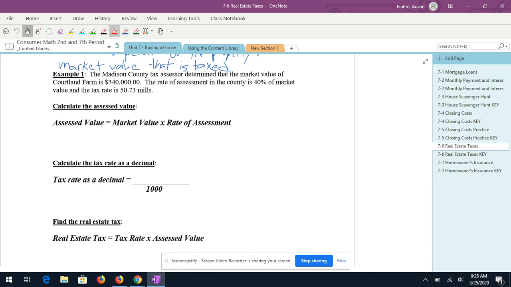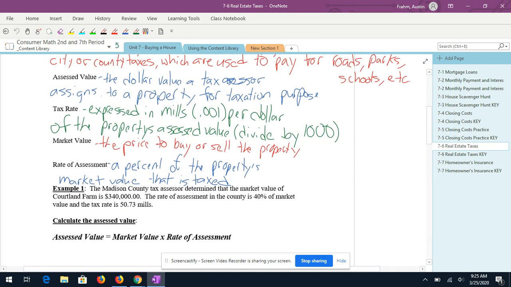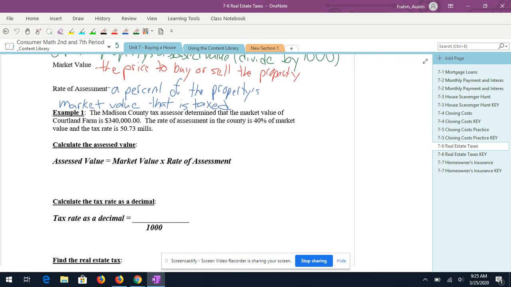Okay, and if we remember, if we go up, assessed value is the dollar value a tax assessor assigns to a property for taxation purposes. So we're going to calculate that. All right, and how we do it is we take the market value of the house, which they tell us is $340,000, and we multiply it by the rate of assessment. Now, again, that's given to you as a percentage.